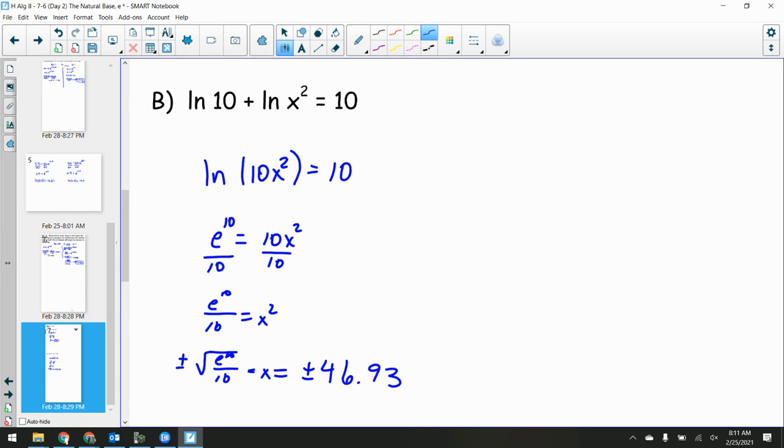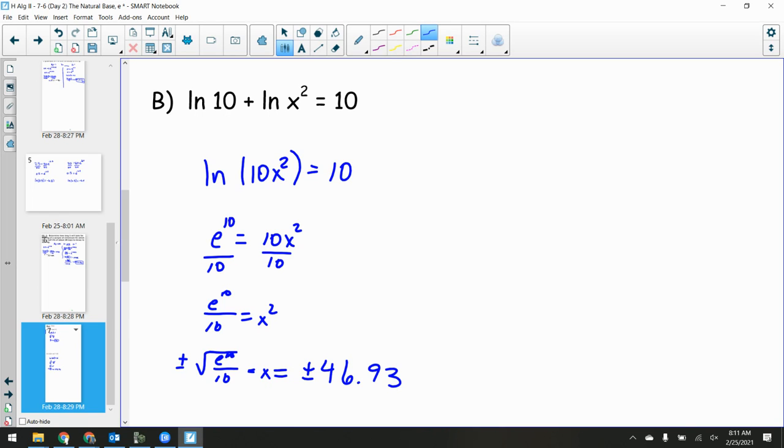Now, I'm making a point to say plus or minus. Can I keep both answers? Yes. Look at your original problem. What does x do? It gets squared, right? So what's going to happen before I evaluate the log? It's going to turn positive.